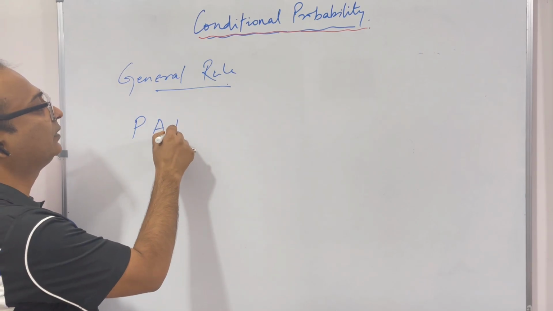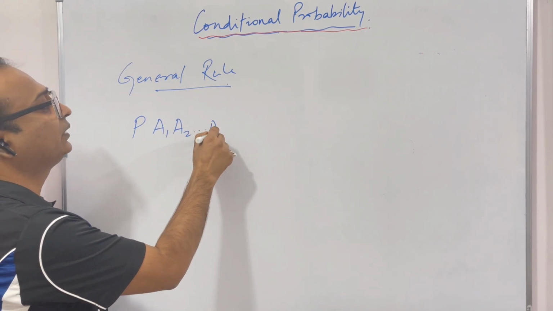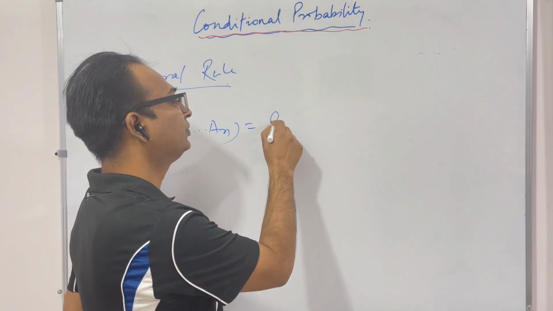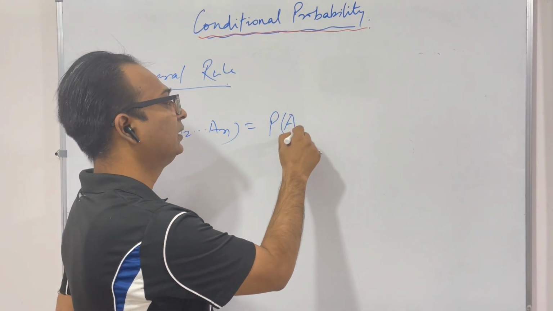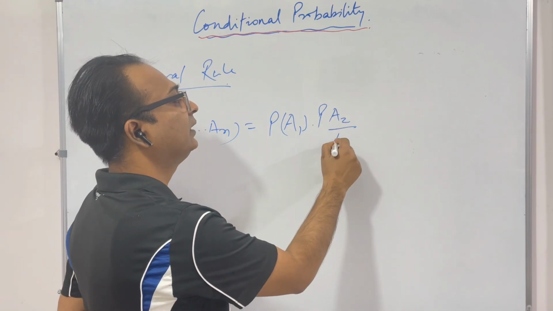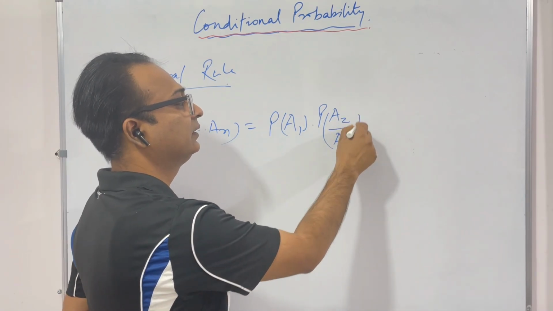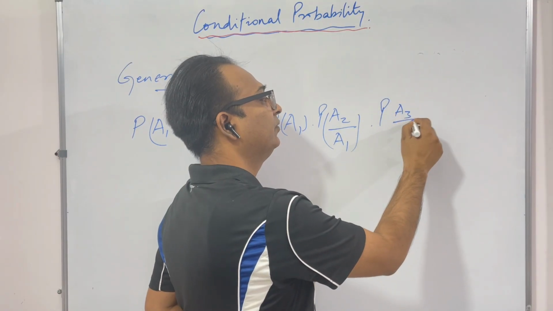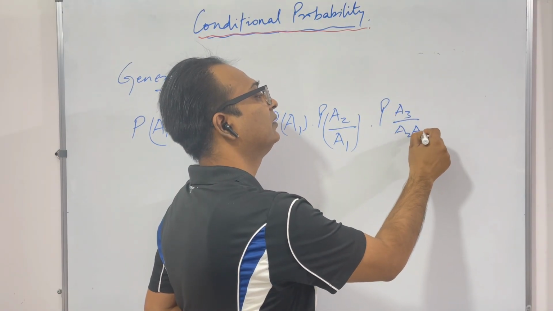probability of P(A1 A2 to AN) will be equal to P of A1 into probability of A2 when A1 has already occurred. Next, P of A3 when A2 and A1 both have occurred.